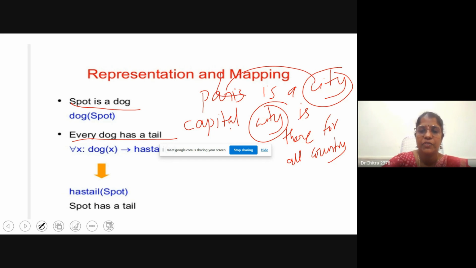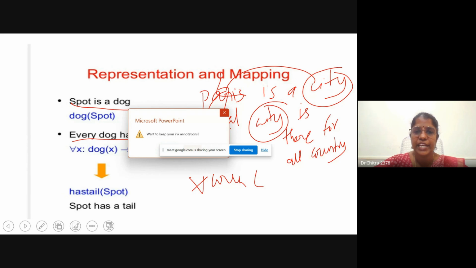Capital city is available for all countries. So for all countries, a capital is also there. So what is the capital here? Paris. So you can give two sentences. From those two sentences, you can map the relationship between the sentences. That is what is called predicate logic, and this is a kind of logic used to represent the knowledge.